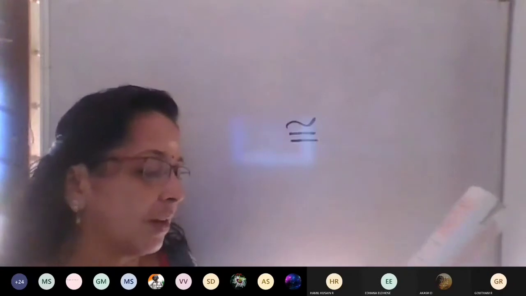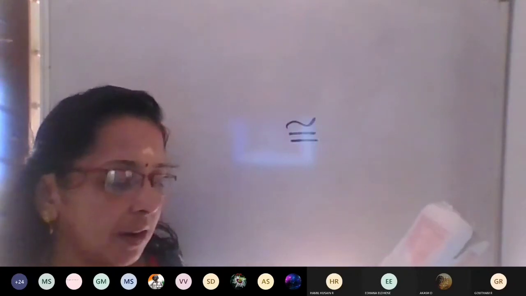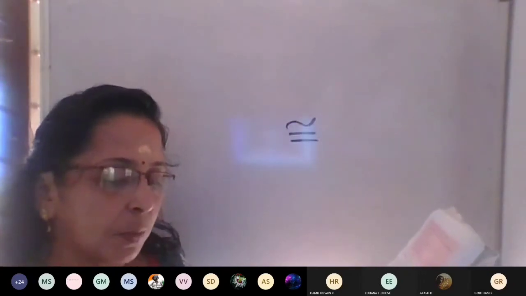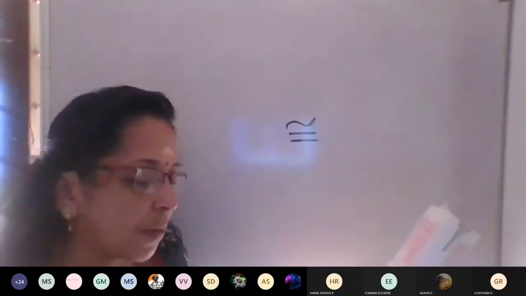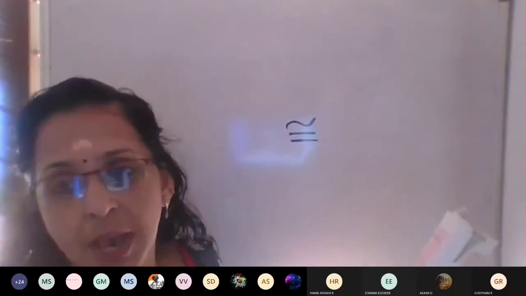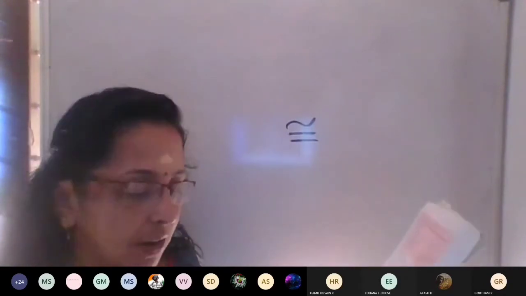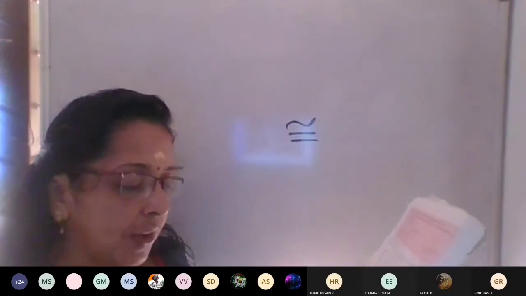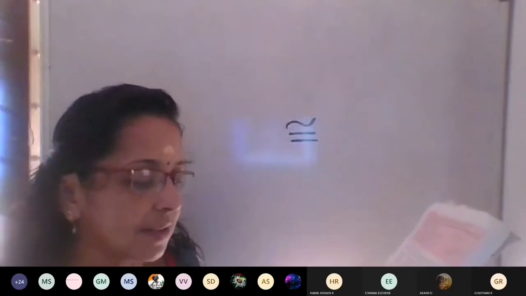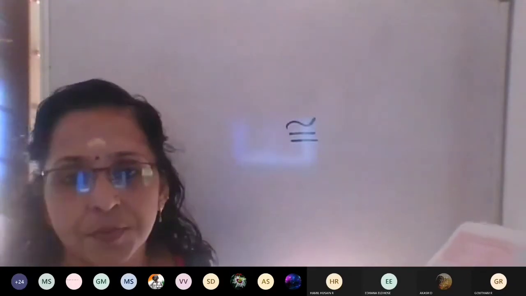In congruent triangles, the sides and the angles that coincide by superposition are called the corresponding sides and corresponding angles. So what are corresponding sides and corresponding angles?